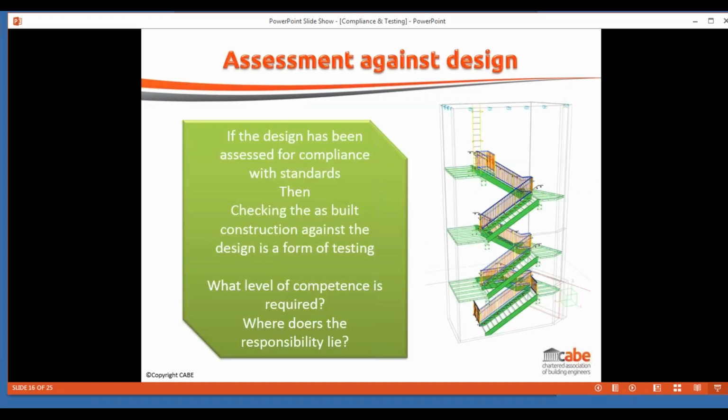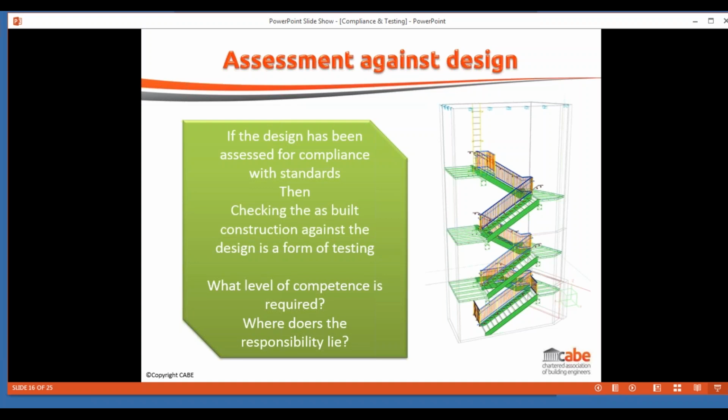So it may well be, as I say, that if the design has been assessed for compliance, then ultimately what we end up doing is checking the as-built construction against the design. And this is more akin to the last question that came in from Graham relating to the Scottish situation, where you have a plan, you have your warrant, and you should theoretically build to it.